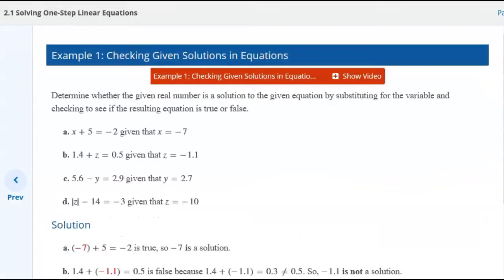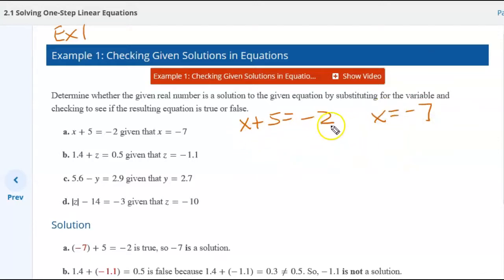Now, throughout your flipped classroom lecture booklet, notebook, where you take notes, I do want you to write out these examples that we do in some detail. So you're going to put in your notebook, example 1, and then letter A, and you're going to write this. So x plus 5 equals a negative 2, and then we're saying that x equals a negative 7.